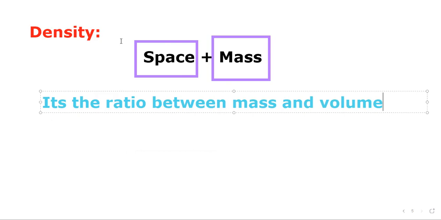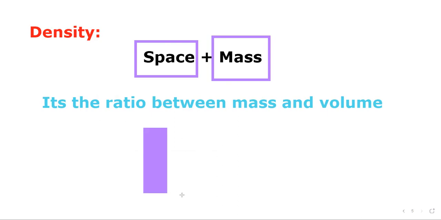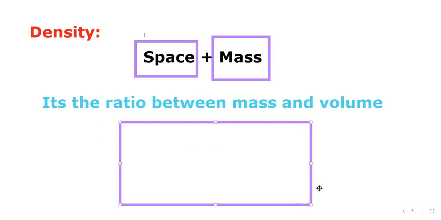Okay, let us assume that we have a box like this, and within the box I'm gonna put one object.